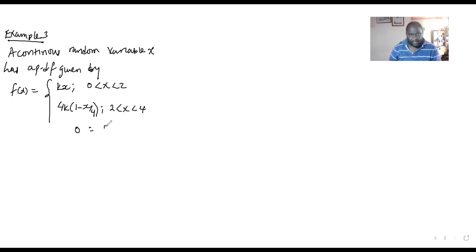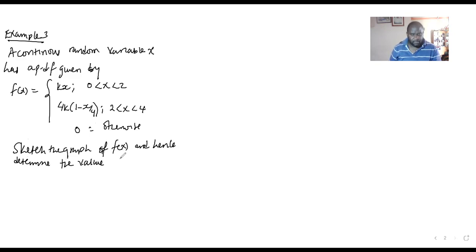It has 0 otherwise. Sketch the graph of f of x, and hence determine the value of k and the mode.